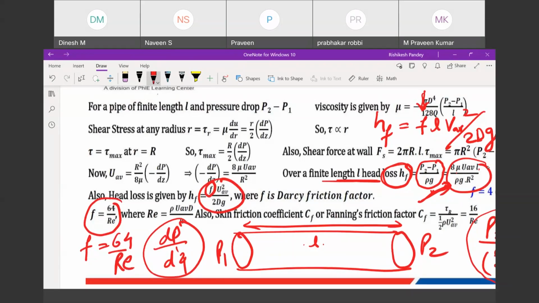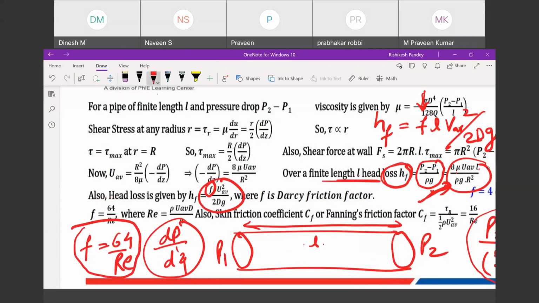So here they can ask you, if Reynolds number is 1000, then what is the value of Darcy friction factor? They can ask, and in GATE they have asked. Clear? What is the equation for Darcy friction factor?